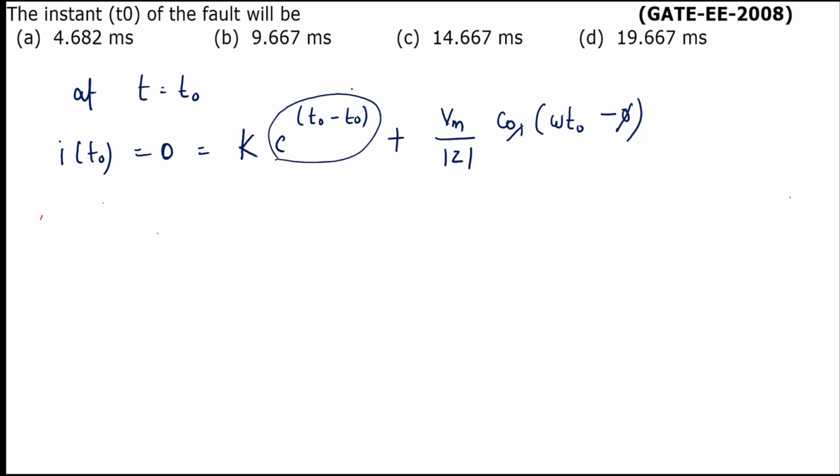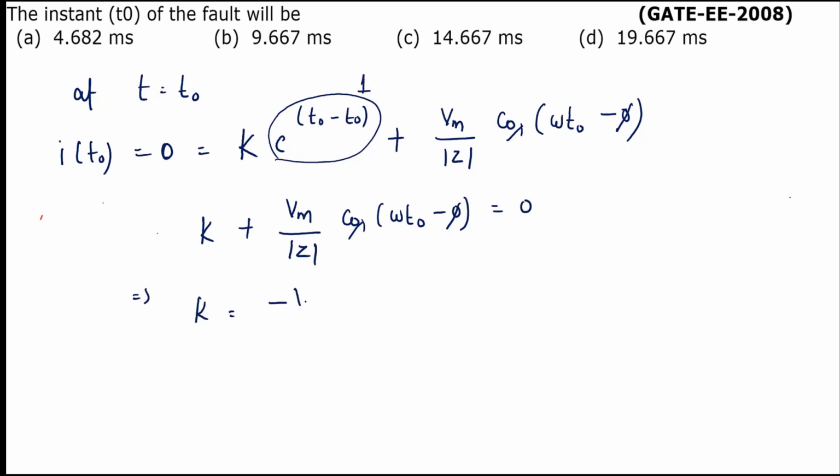This term will become 1. So K plus Vm by mod z into cos of omega t naught minus phi is equal to 0, which implies K equals minus Vm by mod z into cos of omega t naught minus phi, is this value.